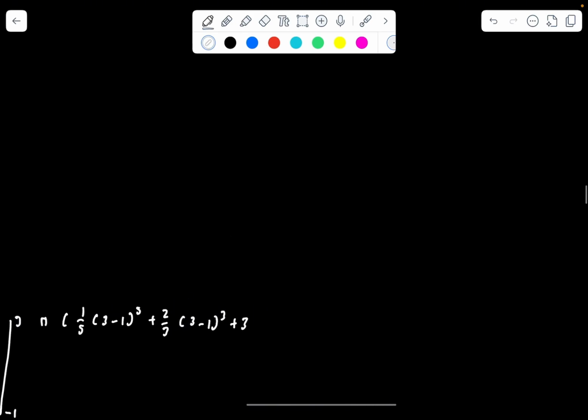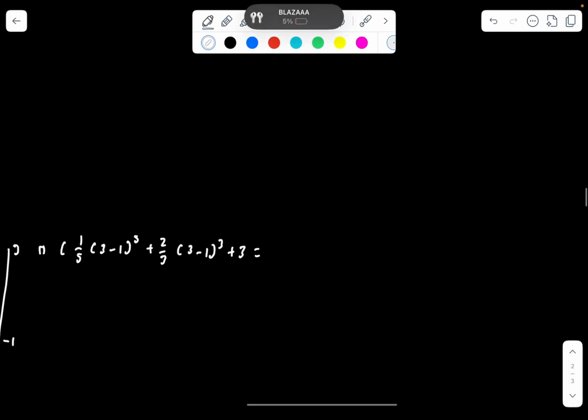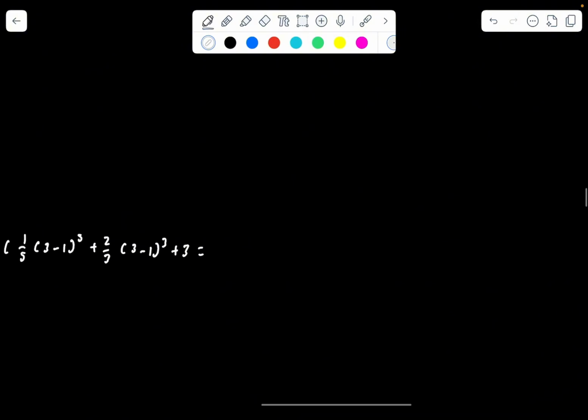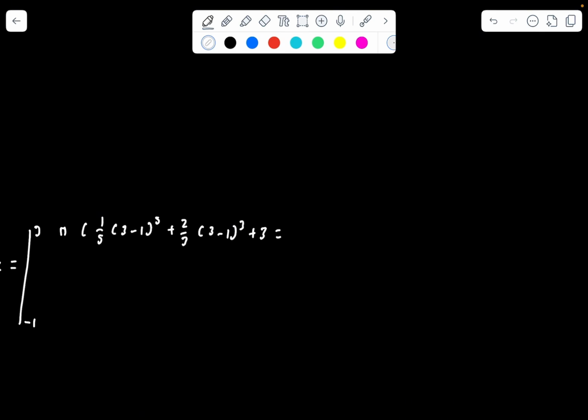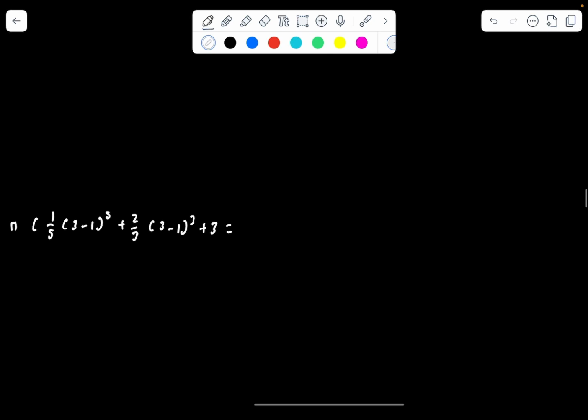Now you can evaluate this whole thing. So right here, 3 minus 1 inside the parentheses is 2. And then 2 times 2 times 2 times 2 times 2, which is 2 times, 5 of them, is going to give you 32.